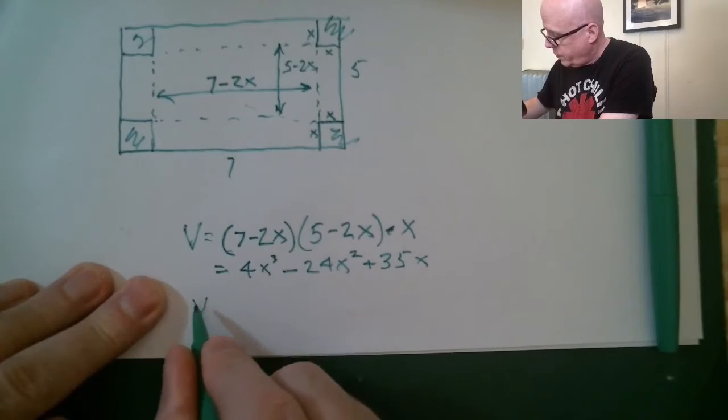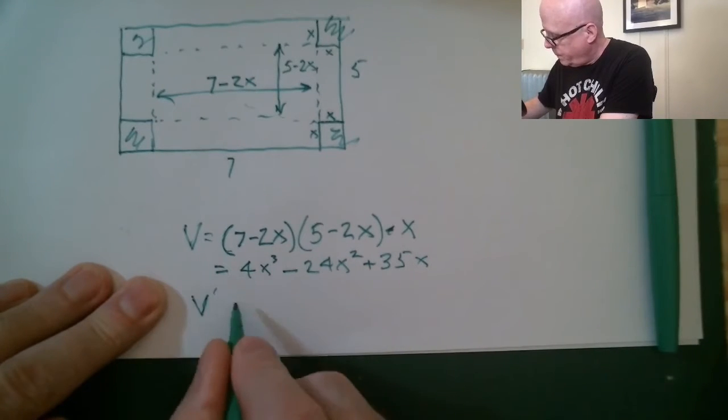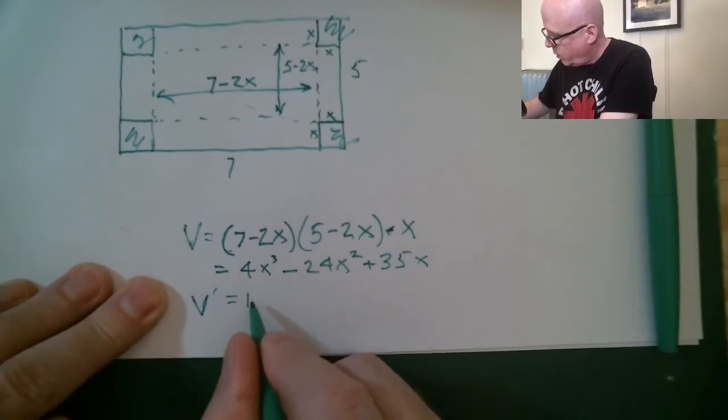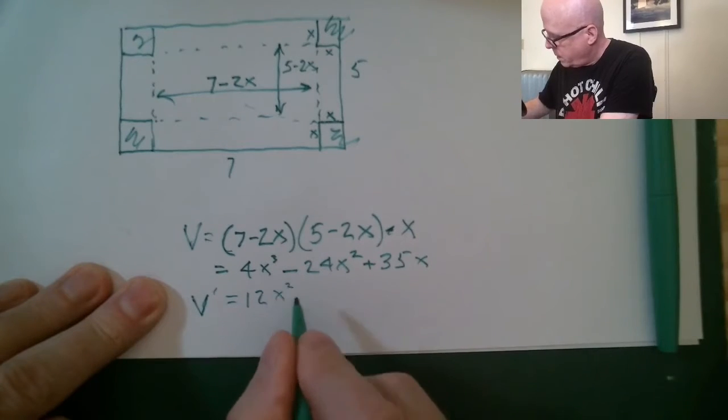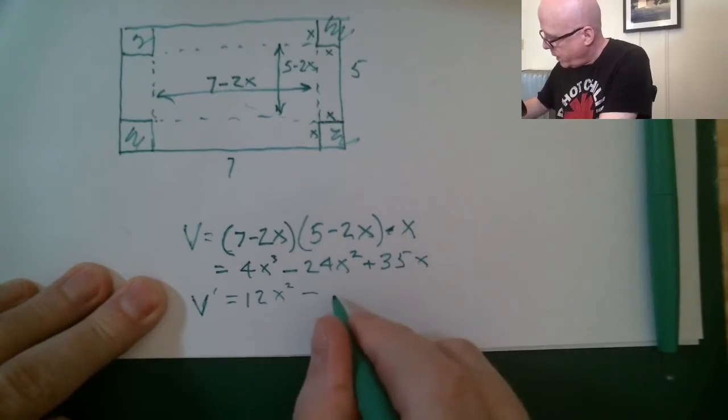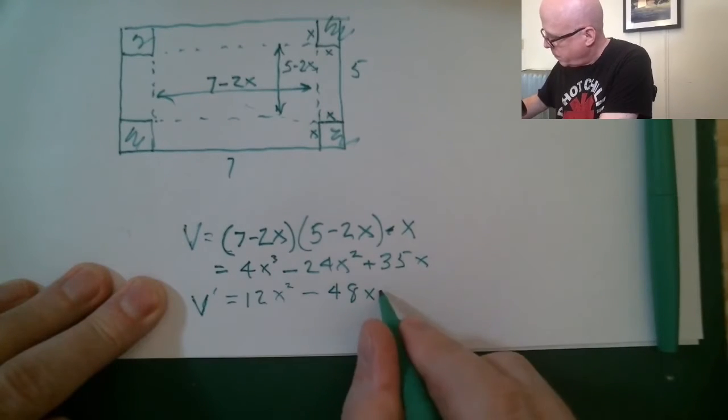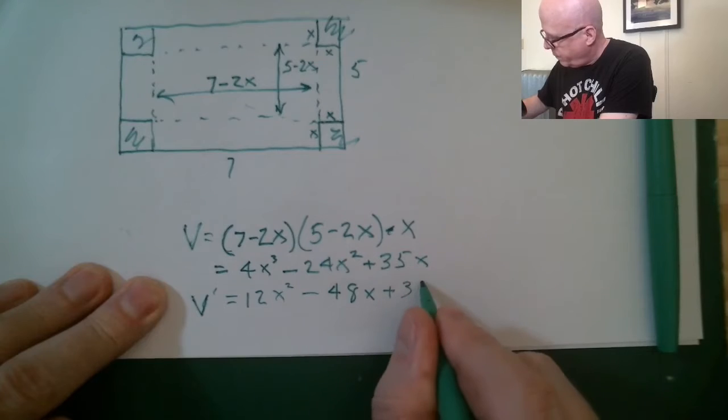So let's take the derivative of it. V prime is going to be 12x squared minus 48x plus 35.